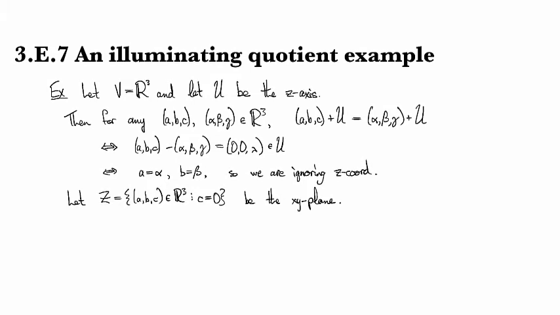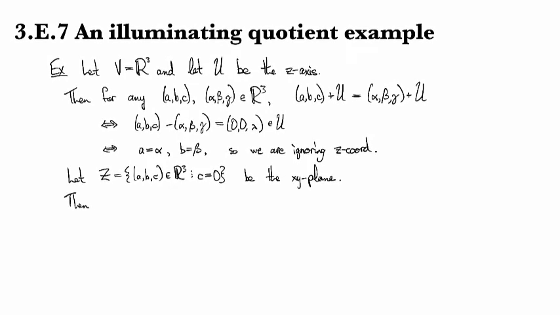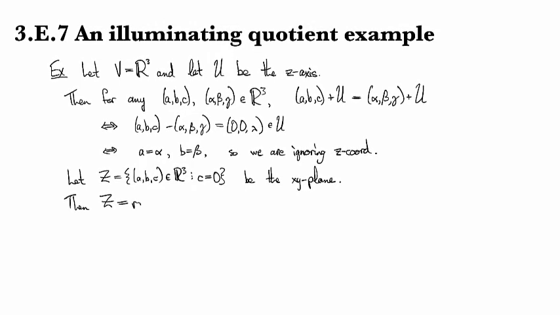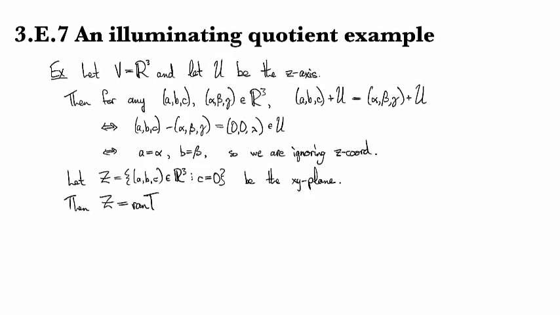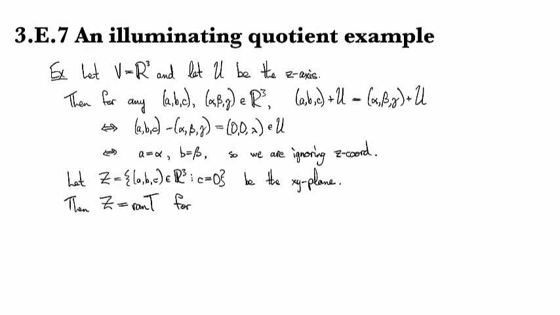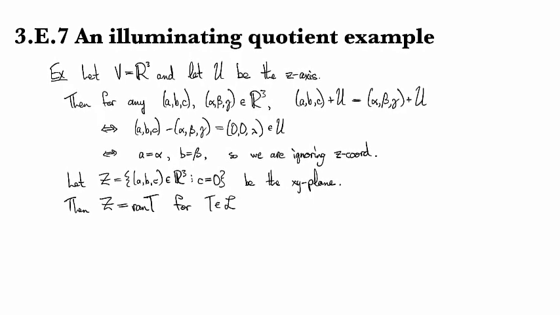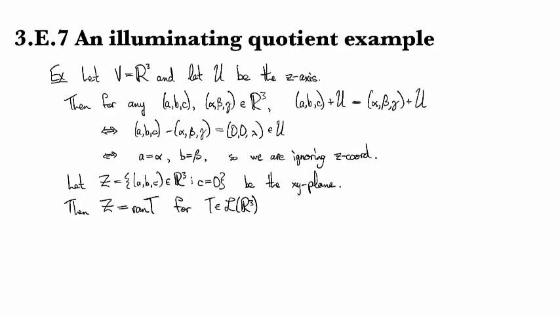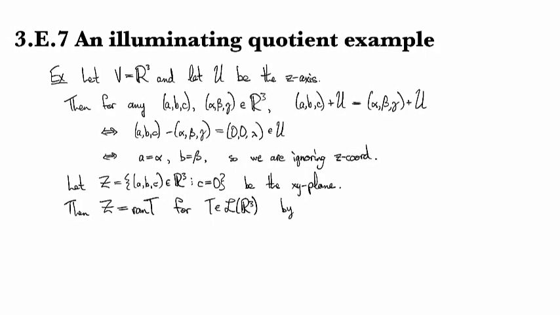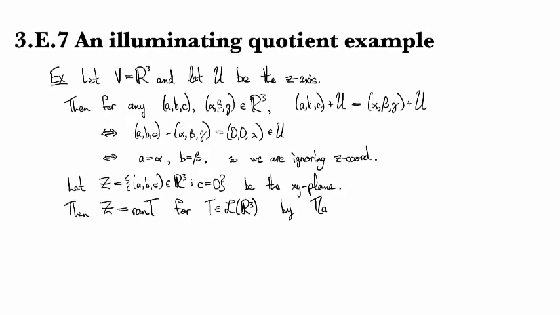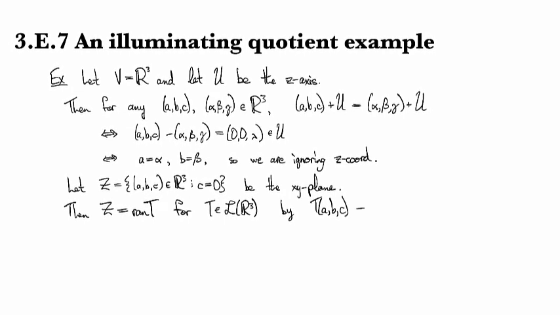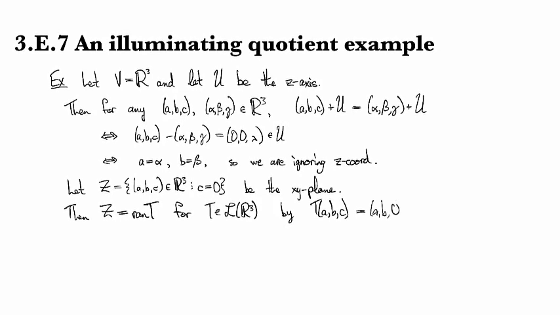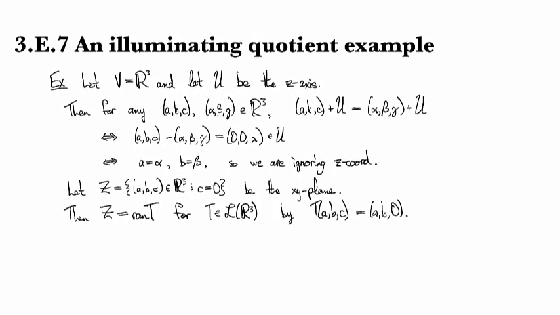Okay, so then this guy is going to be the range of a linear transformation, the operator T on R3, which is projection to the xy plane. So we just kill the third coordinate.